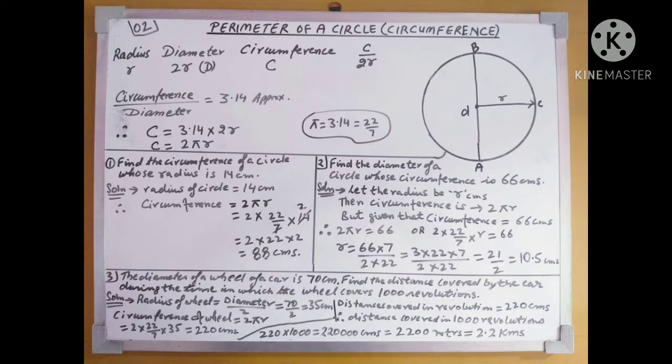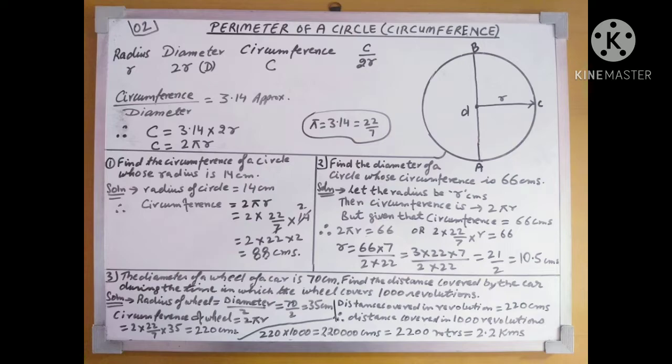Got it? So we are given that the diameter of the wheel is 70 centimeters, so we will take the radius of the wheel as 70 divided by 2, that is 35 centimeters.